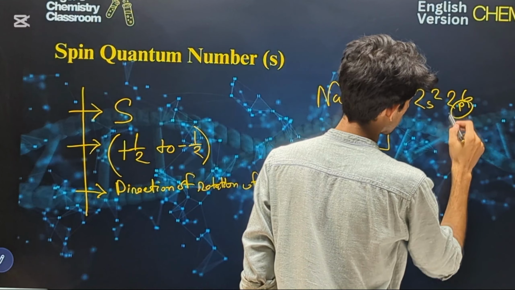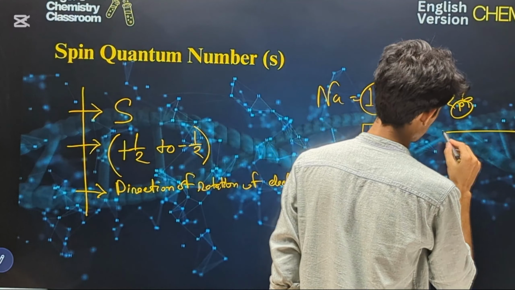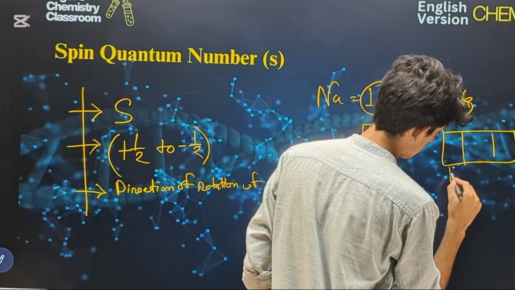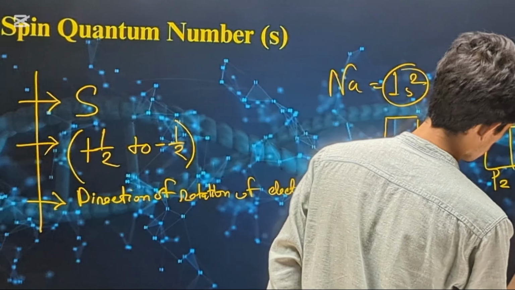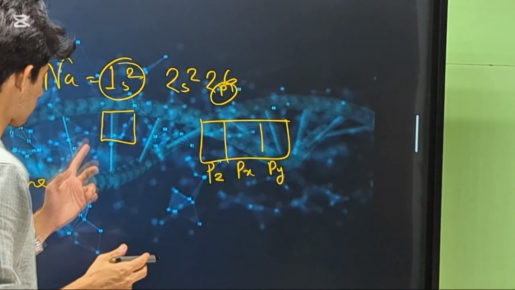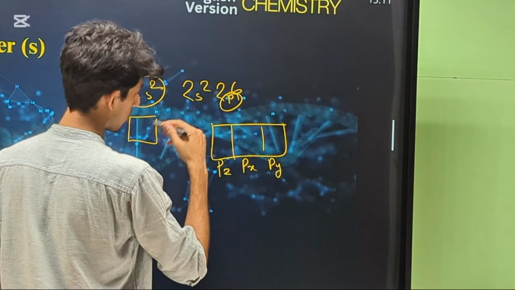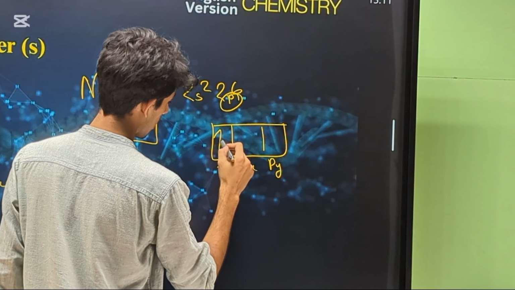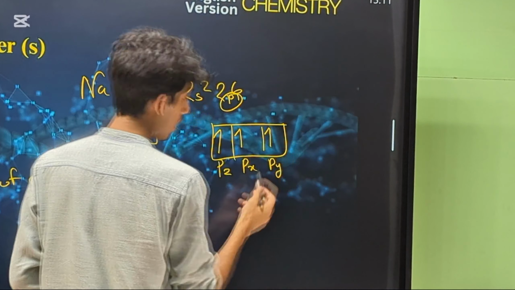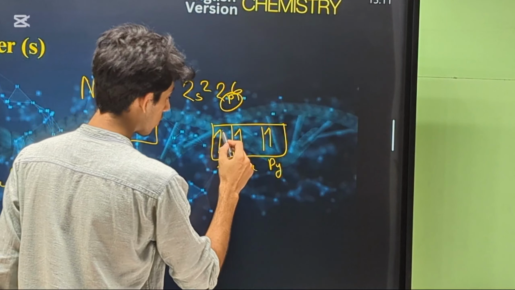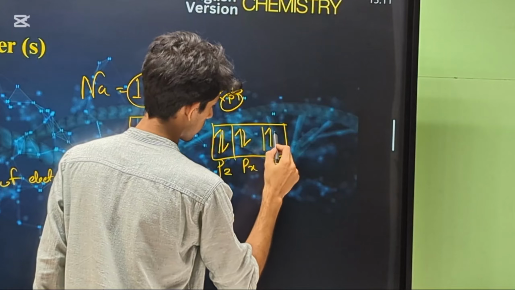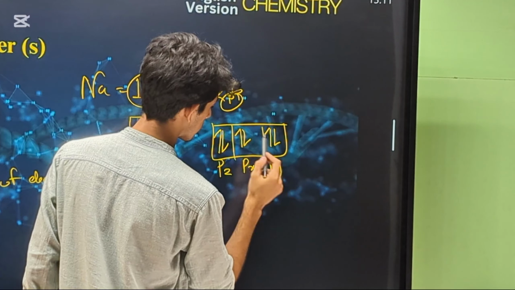But the p orbital has 3 divisions: pz, px, and py. At first, the first electron will come like this, the second electron will come to the second box, and the third electron will come to the third box. After that, the fourth electron will go at the bottom of the first electron. This is the fourth, fifth, and sixth.